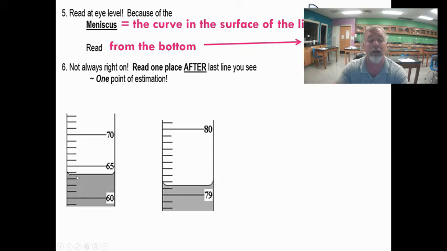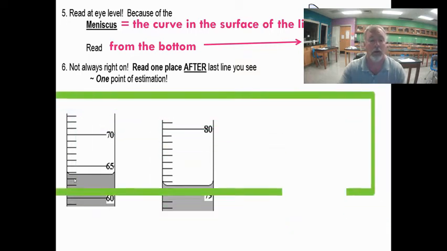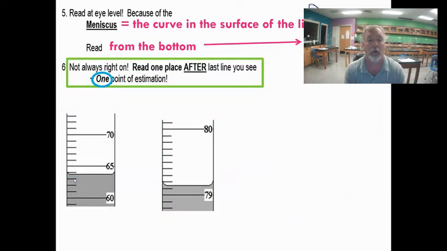It's a little bit closer to that top tick mark than to our halfway line. So instead of 63.5, we're between 63.5 and 64, a little bit more than halfway. I'm going to call this one 63.8. So remember, we're going to read that one place of estimation.